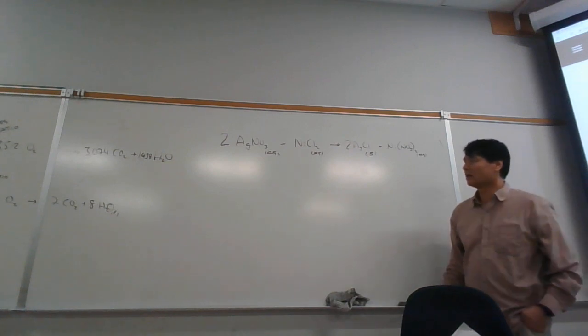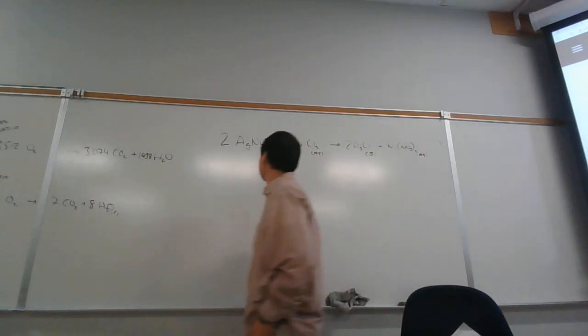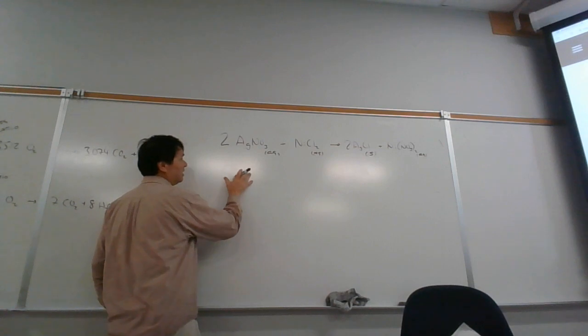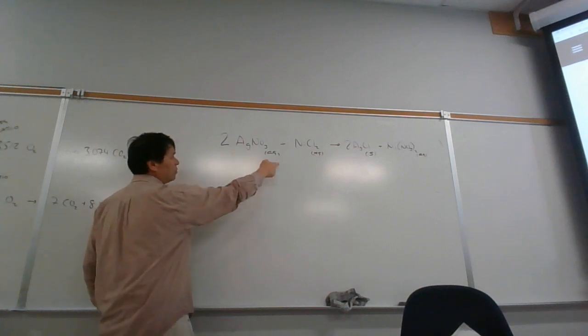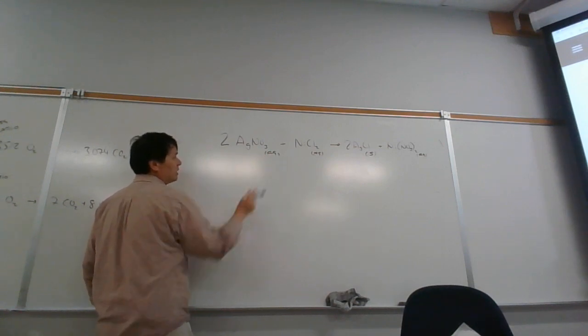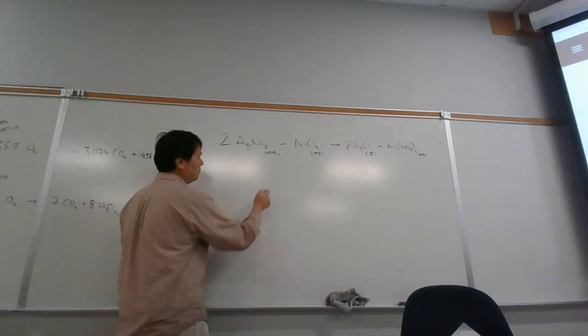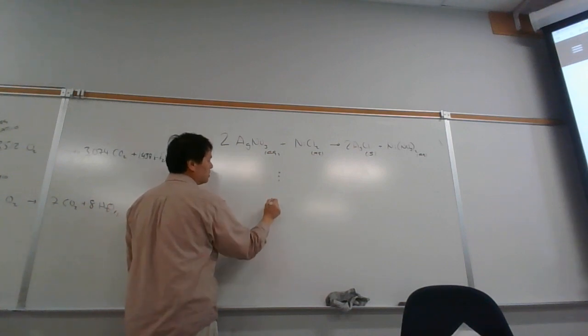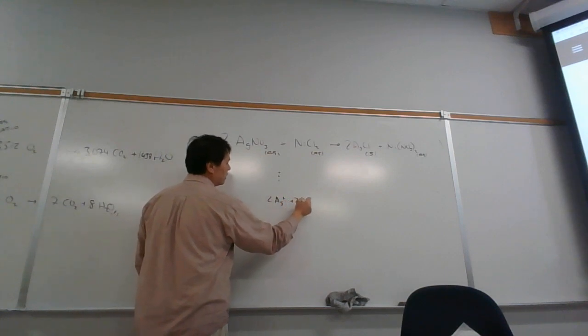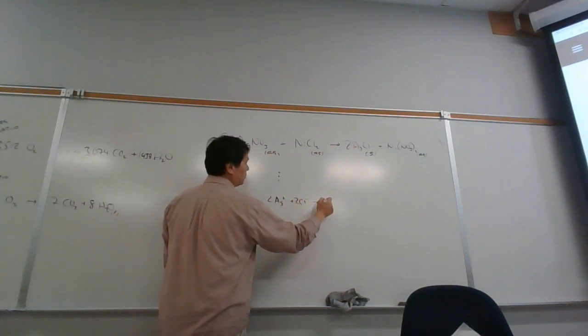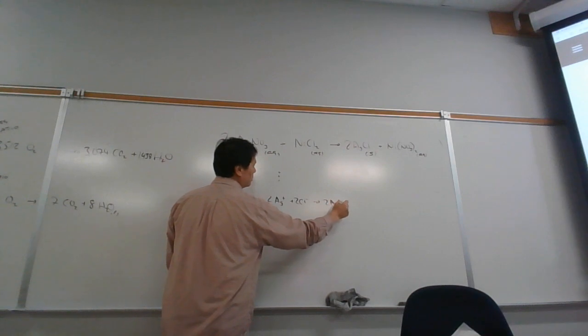Those are going to be spectators. Let's take a look at the net ionic equation. It's only silver and chloride; the nitrate and the nickel are spectators. So we'd have 2 silver ions combining with 2 chloride ions to form 2 silver chloride solid.